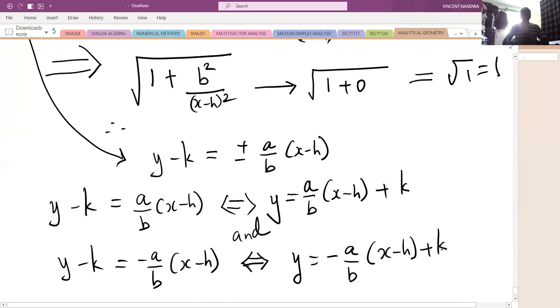So these are the asymptotes for the hyperbola whose transverse axis is parallel to the y-axis, and center is h, k.